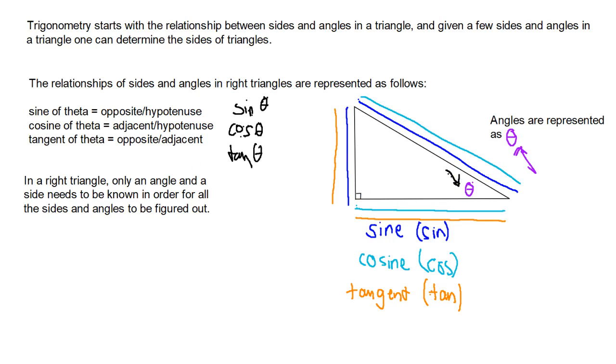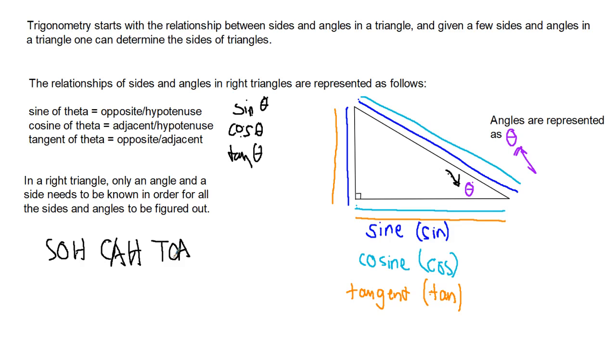So there's this mnemonic that normally is taught: SOH CAH TOA, right? It's one of the most famous mnemonics, one of the most famous abbreviations of math.